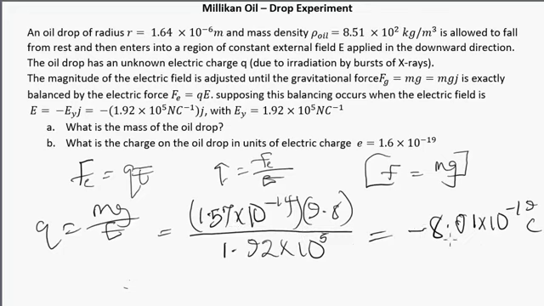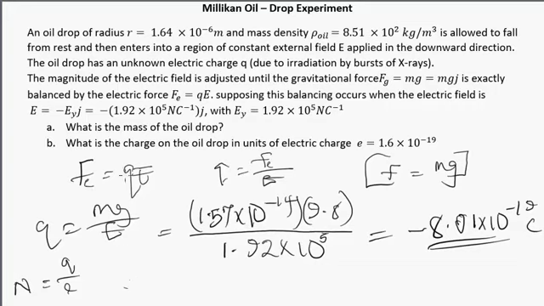Now, notice that this is for the electron and it's going to have a negative charge. So this will have a negative. But then the question says, what is the charge on the oil drop in units of electric charge E? E equals 1.6 times 10 to the power of minus 19. So to get that, we are going to divide this Q by E, and then we'll get the units of the electric charge.